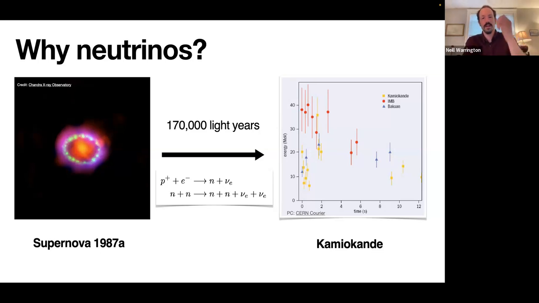It was a clear signal, something happened. In addition to Kamiokande, two other neutrino detectors, IMB and Baksan, also flashed, giving very clear evidence that some neutrino signal is passing through Earth. A couple hours later, a very bright light appeared in the sky, and this was the optical evidence that supernova 1987A had indeed happened. It was actually first seen in neutrinos.